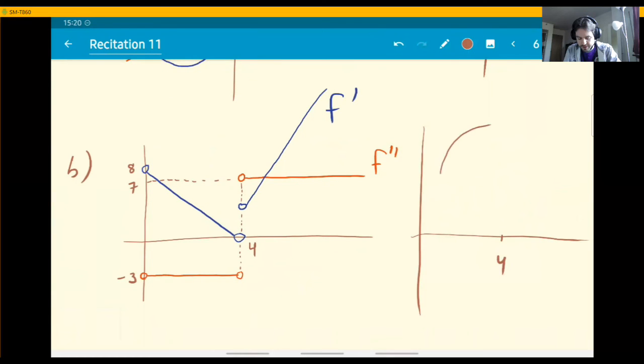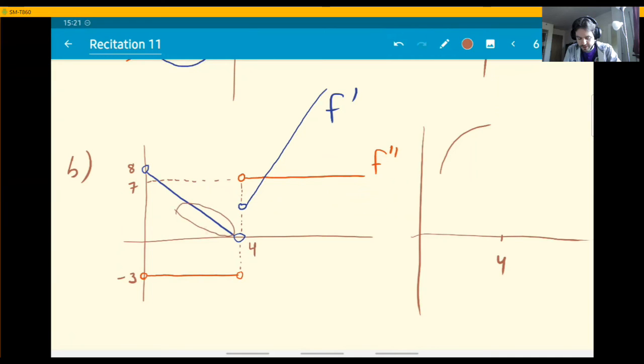Now, something happens at the number 4 that the derivatives are actually not defined there. The function must have maybe a cusp or discontinuity, but the problem asks you for a continuous graph. So we're going to draw a cusp there, a sharp corner, in order for this to be undefined. Notice that the derivative is approaching 0.